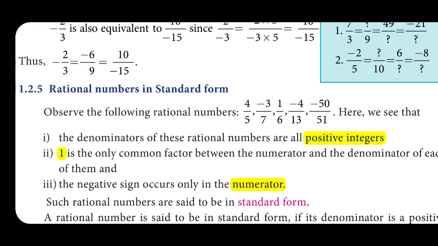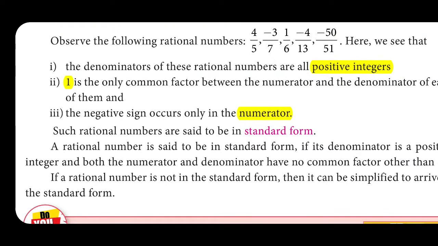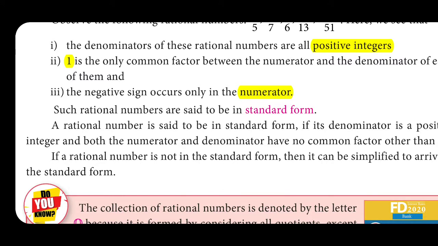Suppose the numerator and denominator have common factors, we cancel the common factors, or we simplify using the common factors. If a negative sign comes in the denominator, multiply numerator and denominator by minus, so it becomes positive in the denominator and negative in the numerator.